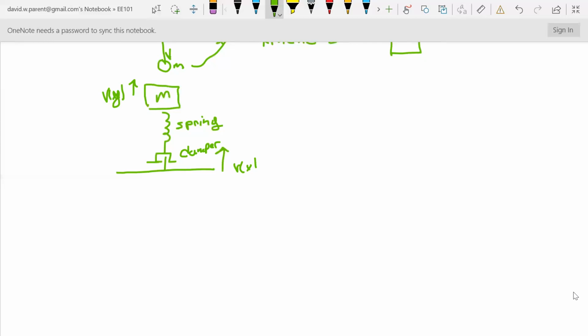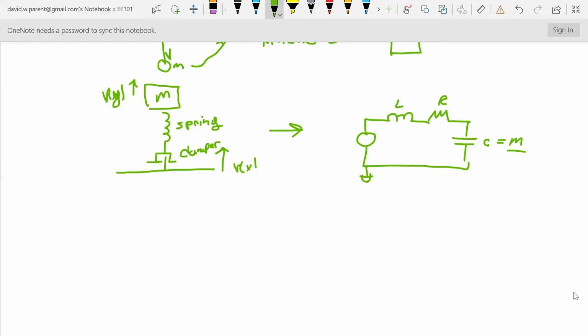Now, you might think, and anyway, this becomes, I accidentally switched those, but because they're in series, it doesn't matter. So the LRC, mass, damper, spring. Now, 1 Henry doesn't give you a spring constant.